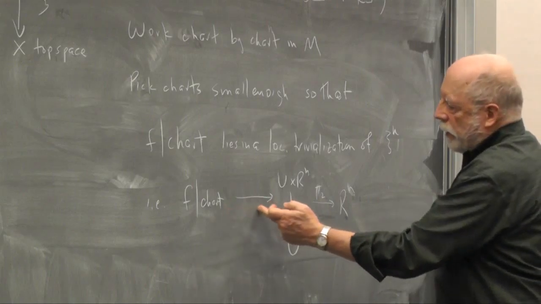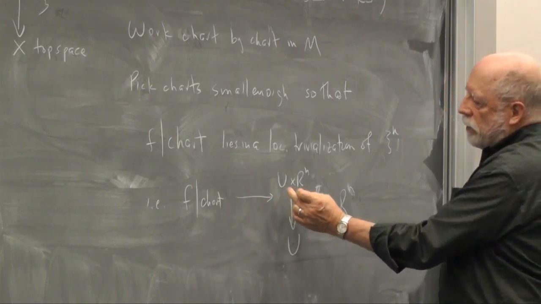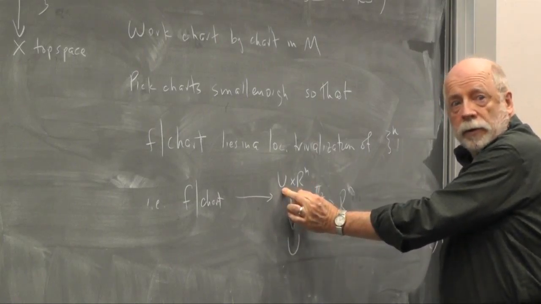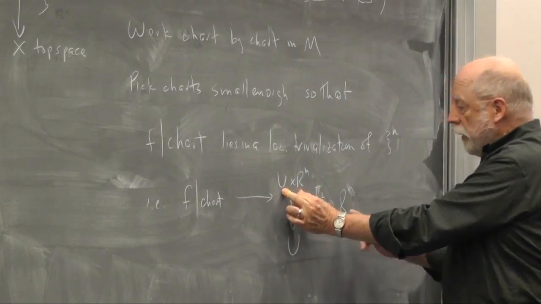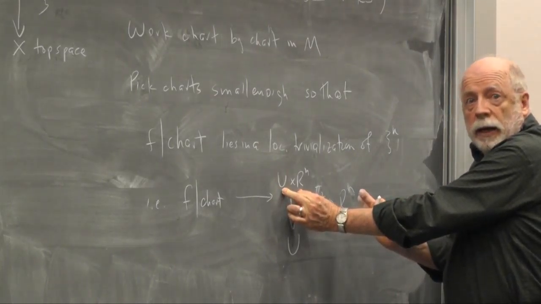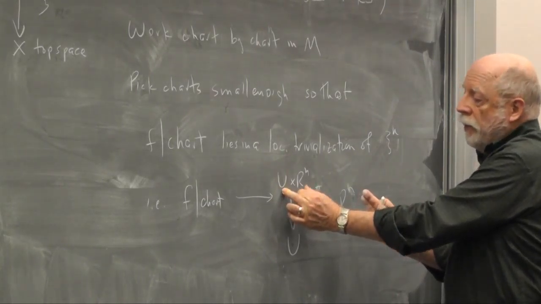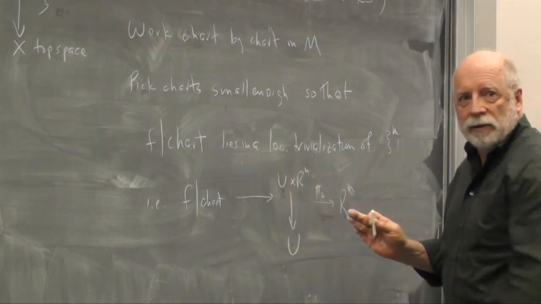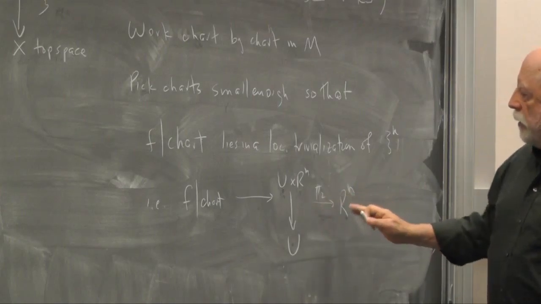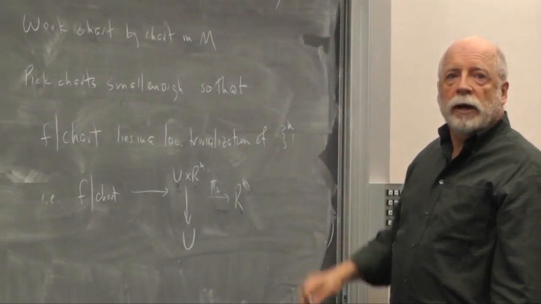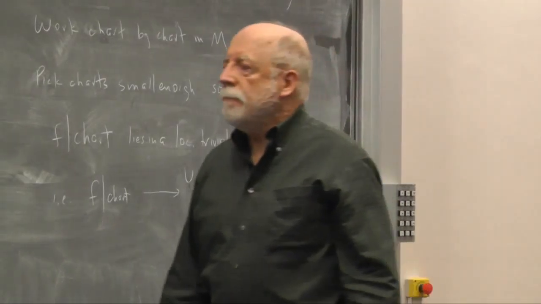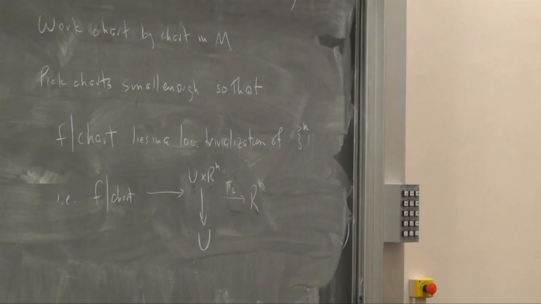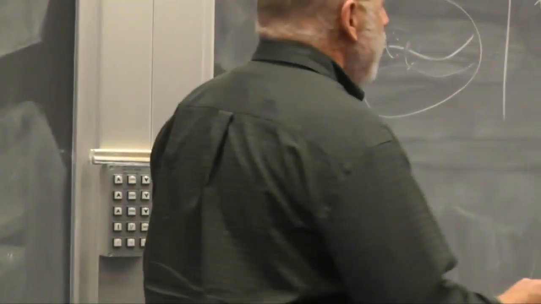So this map F used to have two coordinates. F consisted of a map to U and a map to Rn. It was a pair. And it's the second one that you're homotoping and making transverse. And then the first one doesn't even have to change. So we don't hardly care at all what U is. So you make it transverse in that way, and you work chart by chart, and so on. It's quite different from the differentiable argument. That's true. That's the crucial thing. It's much harder.